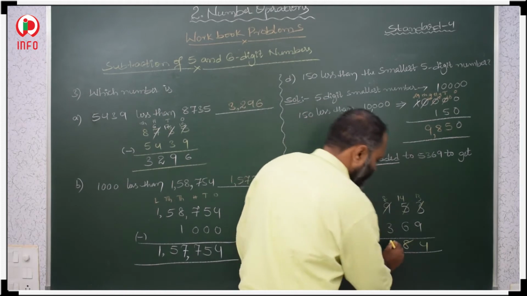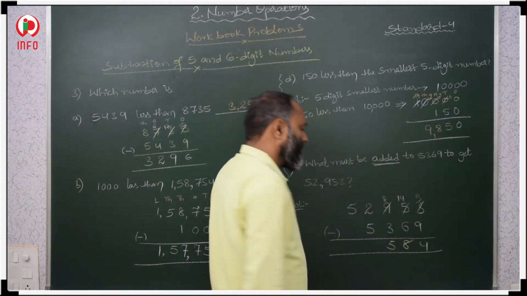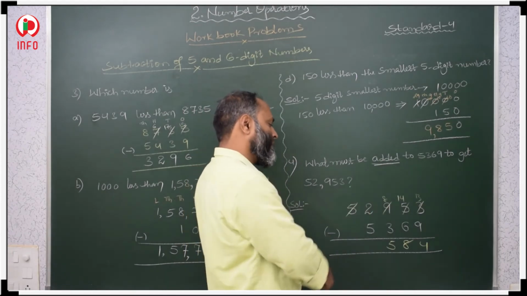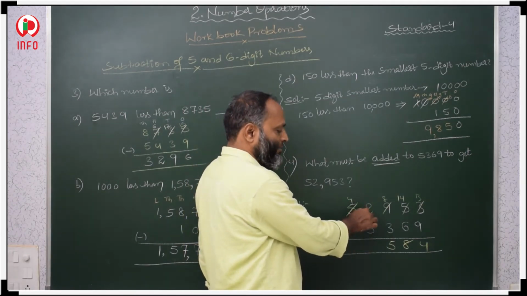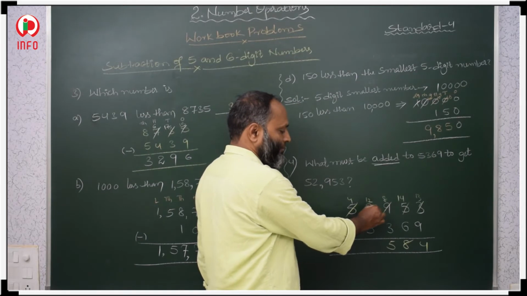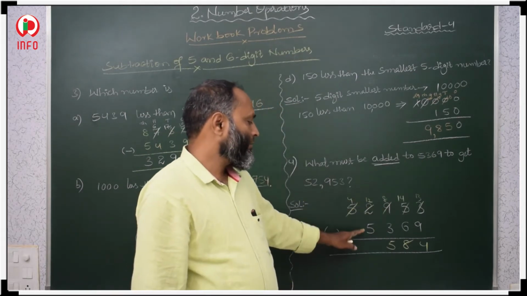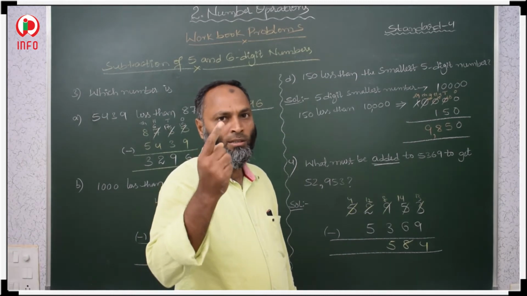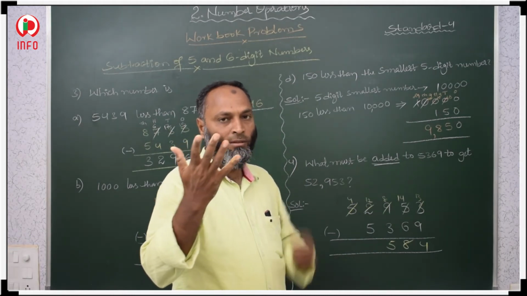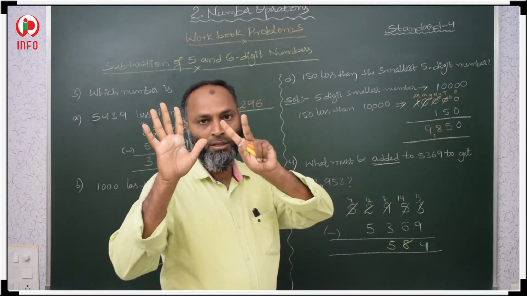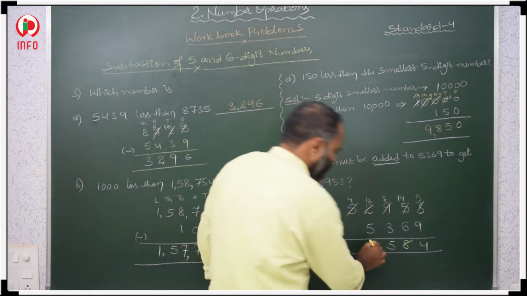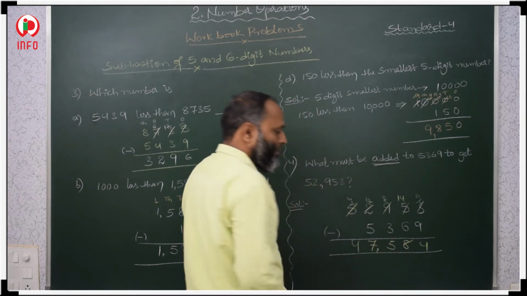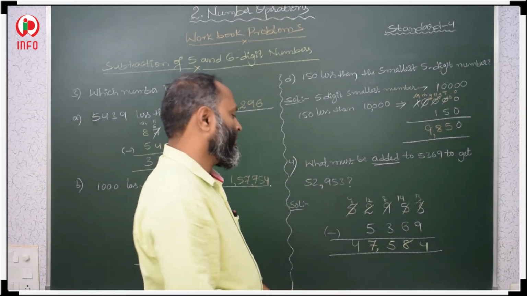2 minus 5. So we have to take borrow from the next. It will decrease by 1, it will increase by 10. 10 plus 2, 12. 12 minus 5 means from 5 to 12 we have to count: 6, 7, 8, 9, 10, 11, 12. It is 7. Here, 47,584.